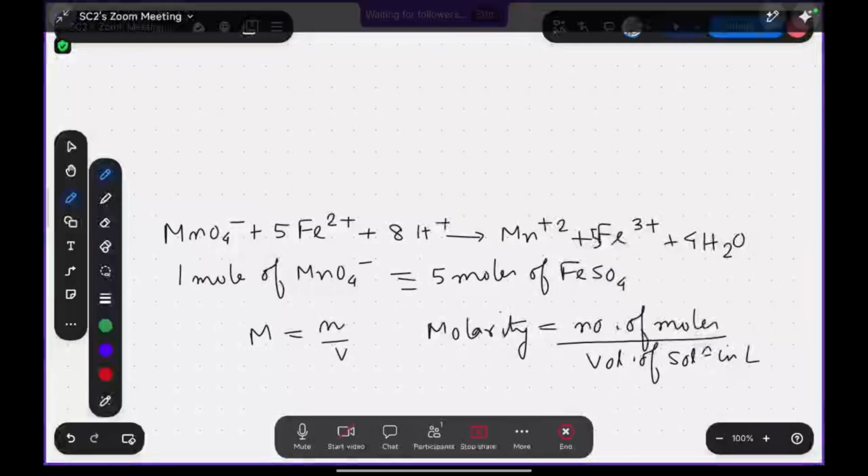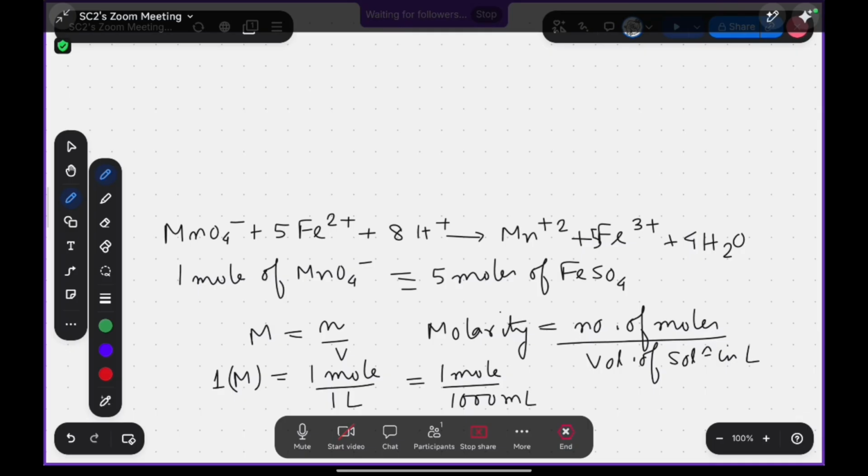So if I want to write 1 molar, what will I write? 1 molar, or 1 molarity, is equal to 1 mole by 1 liter, or we can also say 1 mole by 1000 milliliter.